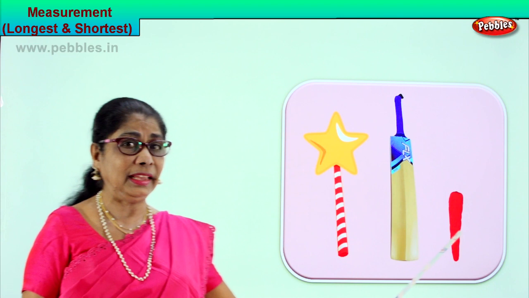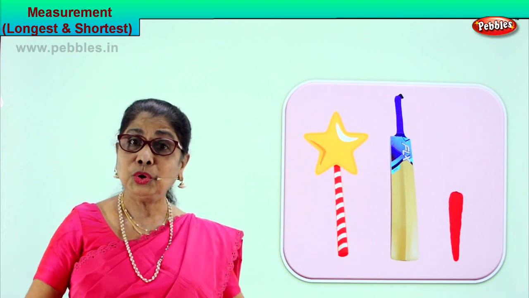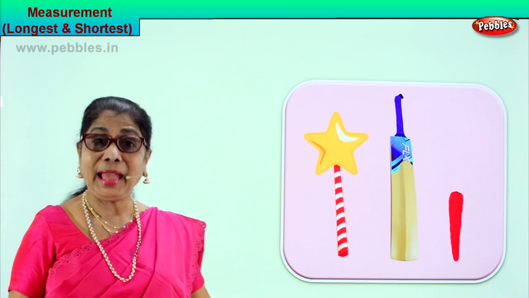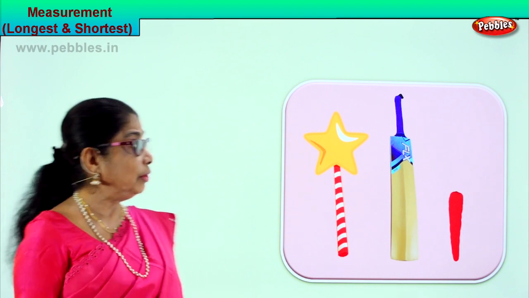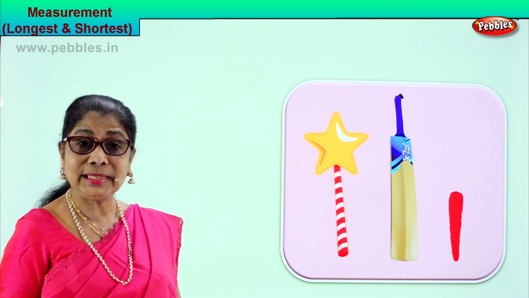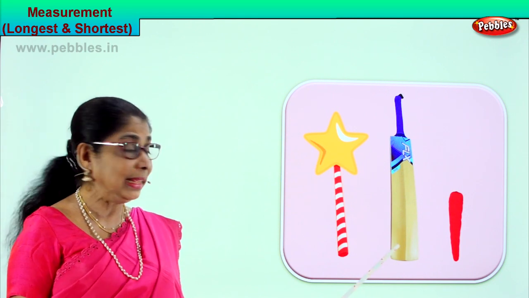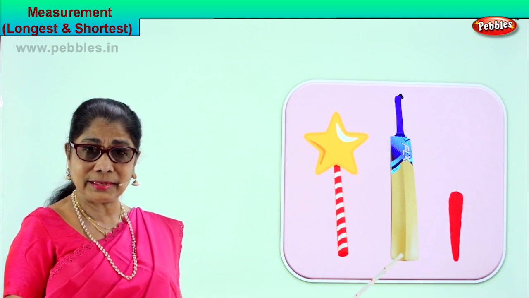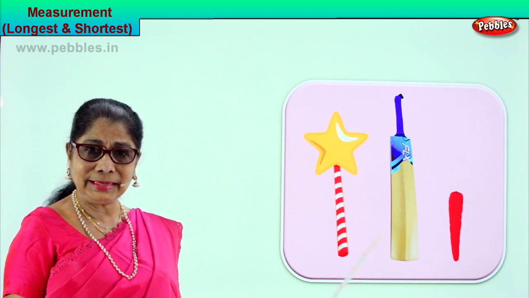Now of the three, which is the longest item? Certainly the bat. The cricket bat, when you look here, is the longest item in this. Of the three, the bat is the longest. Next longest?